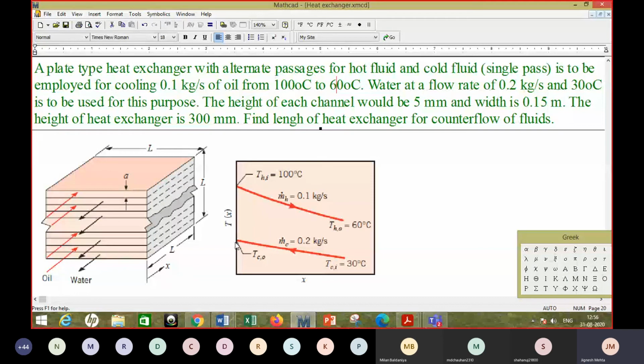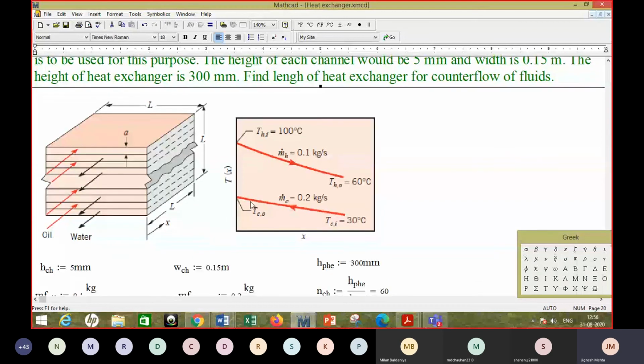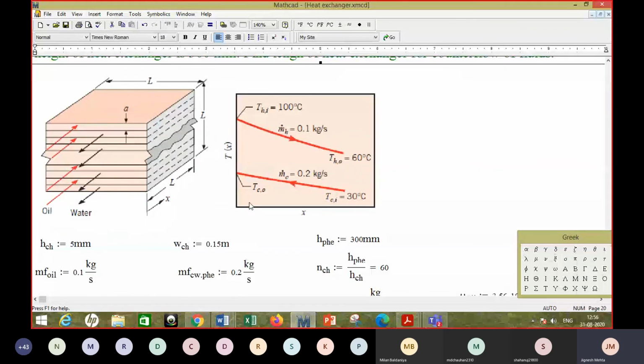But before that, you have to find the heat transfer coefficient and overall heat transfer coefficient, right? You will find the overall heat transfer coefficient with the help of the individual heat transfer coefficients, and then you will be able to tell what the area and the length of the heat exchanger should be, right?